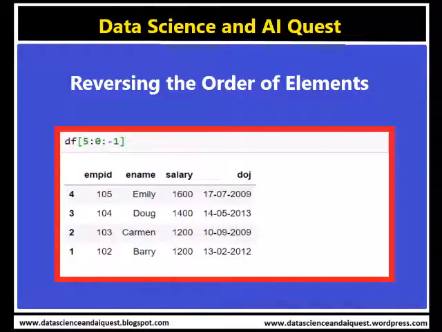That means if the fifth row is the last row in that data frame, then the order of the output would be reversed. The fifth row now becomes the first row, the fourth row becomes the second row, and likewise the first row becomes the last row. So with this example one can see that the order of displaying the entire data frame could be reversed in this manner.